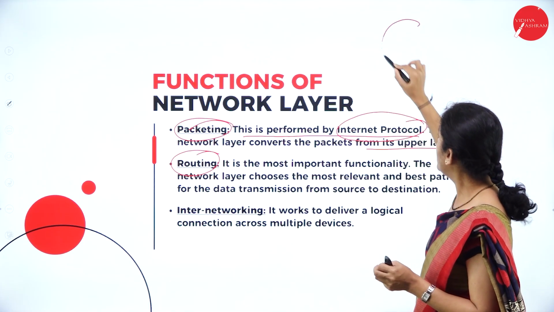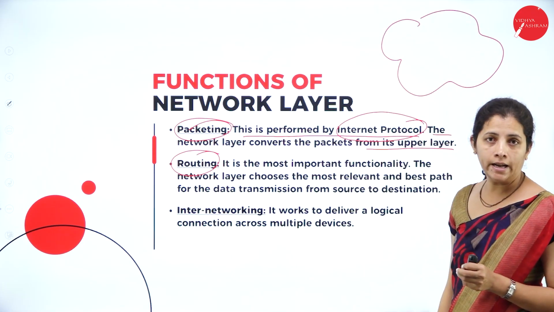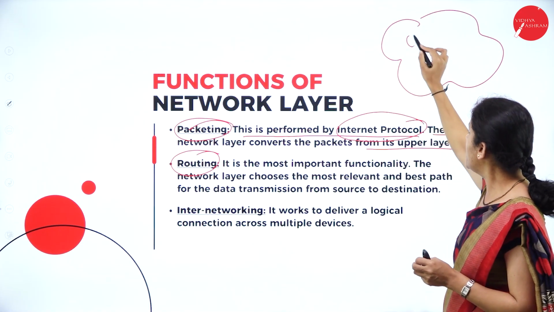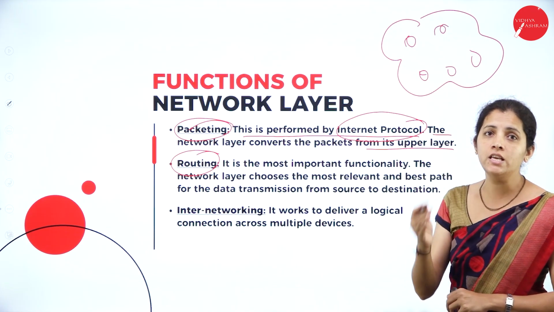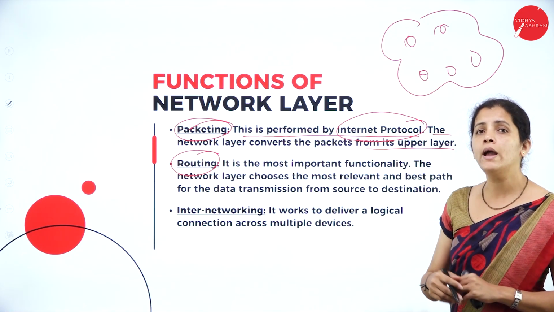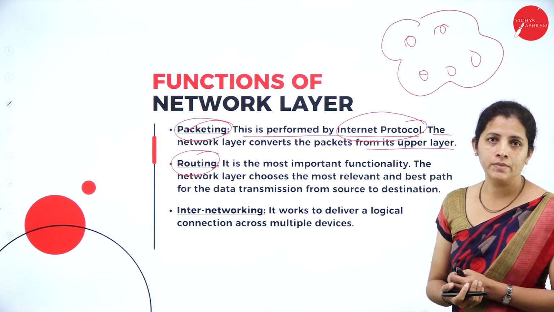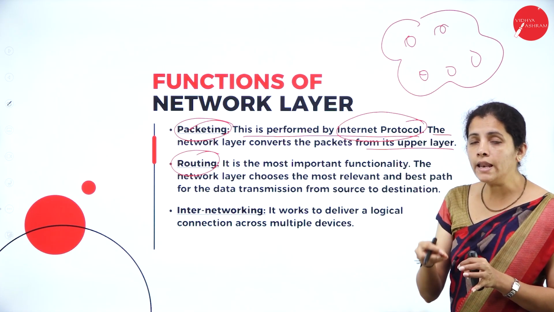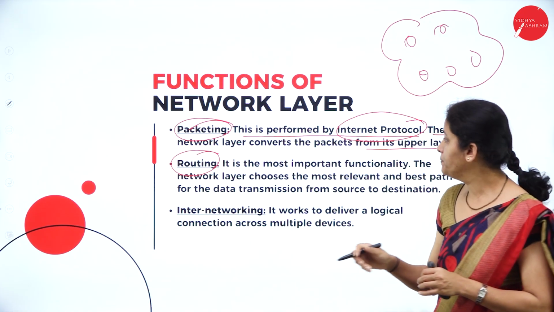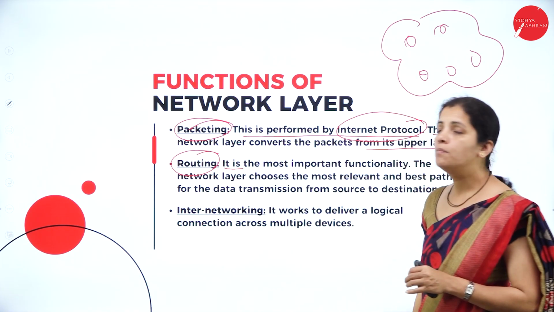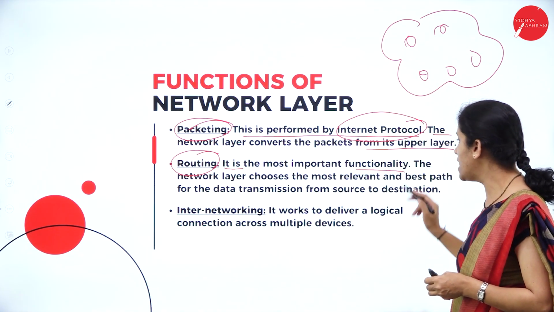Think that when I consider a network, I have n devices, and to reach each device, I'm going to have n number of paths. In that, I want to select the best path or optimum path. So routing is the most important functionality.